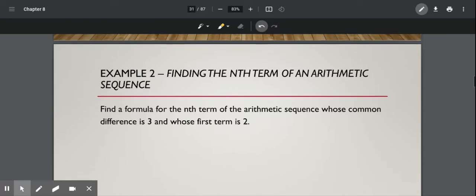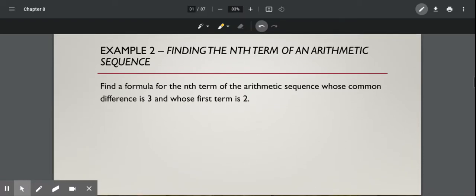Here we need to find a formula for the nth term. So if it's the nth term, we're just writing a sub n equals the first term plus the difference times n minus 1, and then we'll simplify it. The common difference is 3, so our d is 3, and our first term is 2.